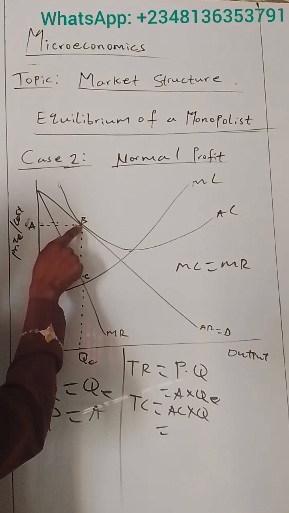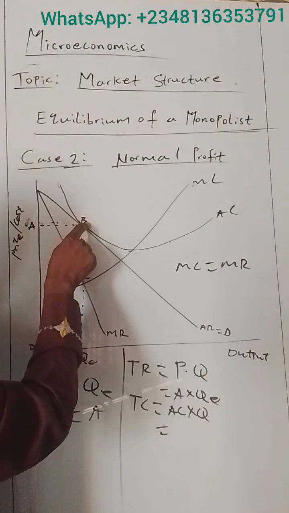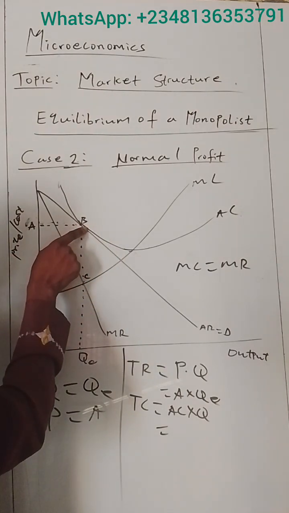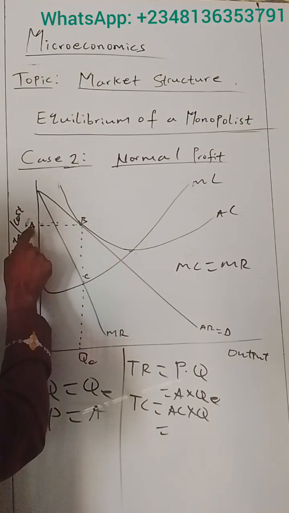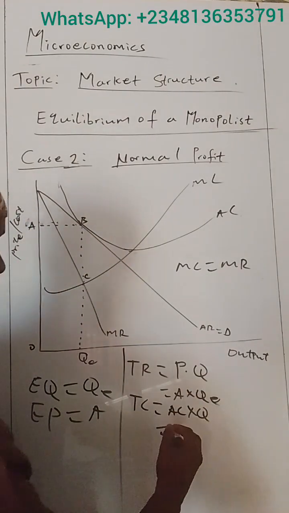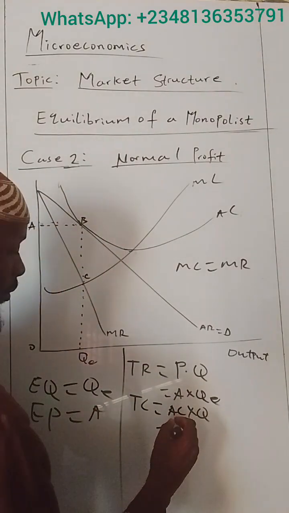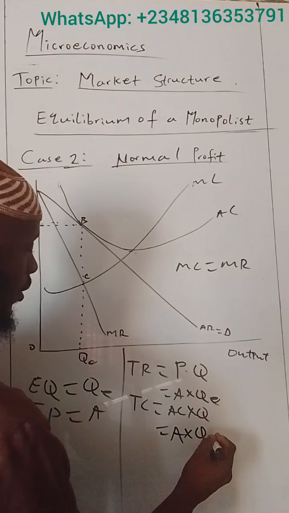It is because both AC and AR curves meet at the same point, which is B. So we trace it to this side, and our AC is equal to A, which is the same thing as P, multiplied by QE.